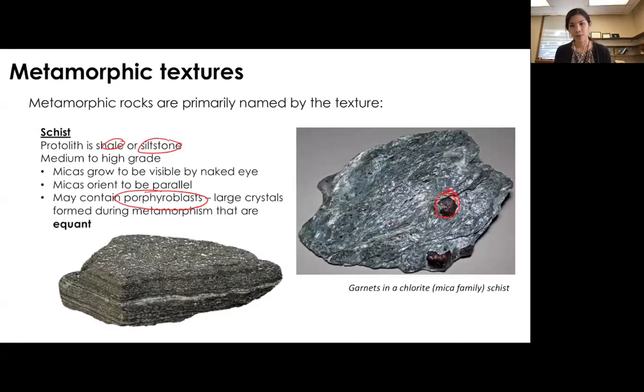So this is an example on the right of a garnet in a chlorite schist. This means it is a rock that has schist texture, contains mostly the chlorite mica, and then also contains some garnets. These garnets tend to be equant, so they are equal in all dimensions, which is why you don't really see them forming the foliations that the micas form.